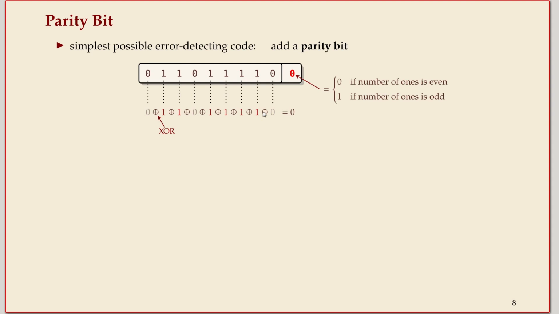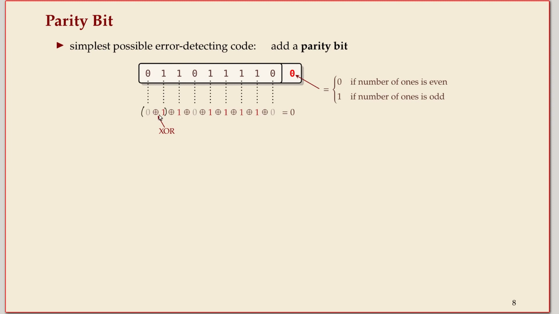Now XOR is this exclusive OR. It's 1 if exactly one of the input bits is 1. And here, you apply this to the first two, then you take the result and compute the XOR again. I should probably put a parenthesis in.